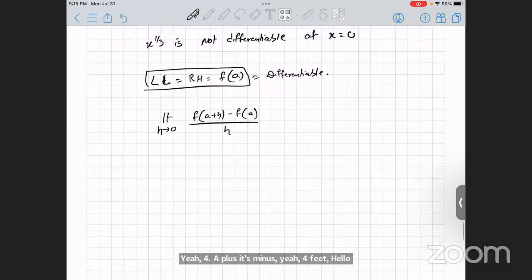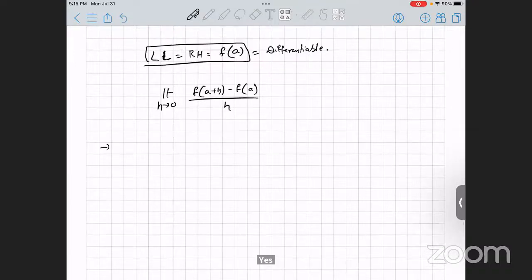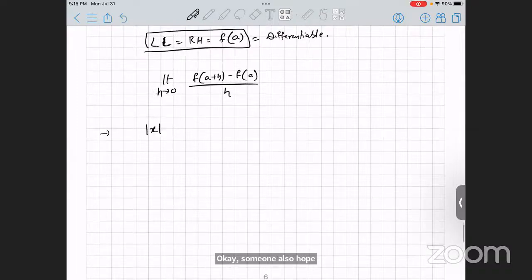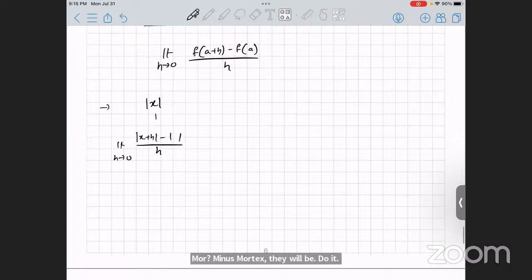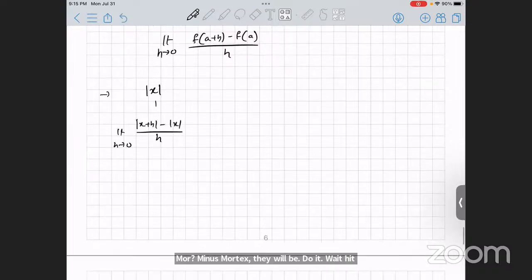Someone asked how to find it. We'll take this mod x example only. Listen carefully. Limit h tends to 0 of mod x plus h minus mod x divided by h.